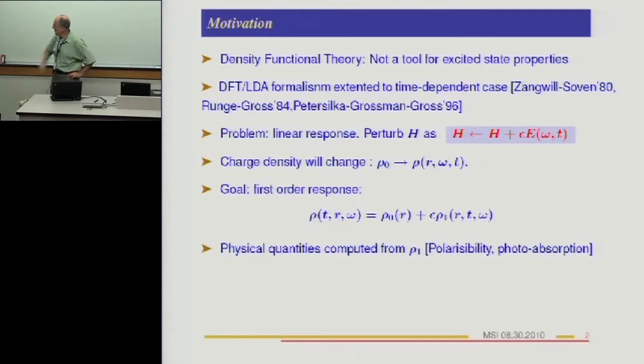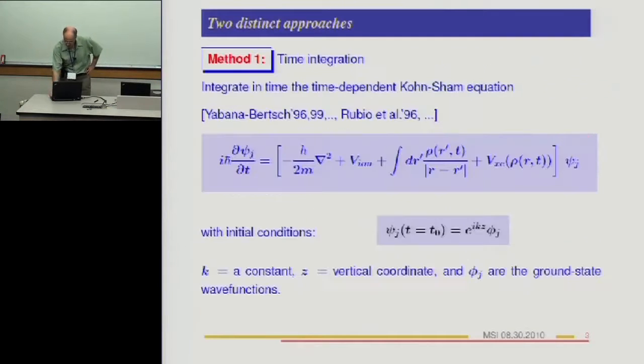You have a certain charge density initially, and you're getting something that is perturbed in that form. You see rho 0 plus epsilon rho 1, and you're interested really in the linear term, rho 1. And you can then calculate physical quantities from that.